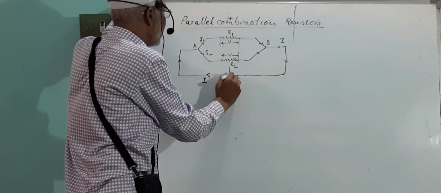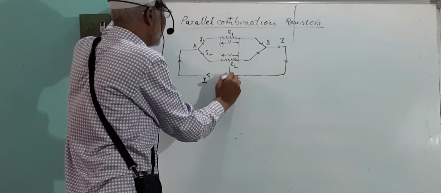So this is the combination of resistors. You can take three resistors, you can add like this, so this is R3. Like this you connect R1, R2, R3 between two given points. For convenience, we consider only two conductors connected in parallel.